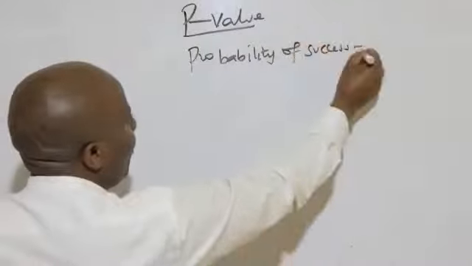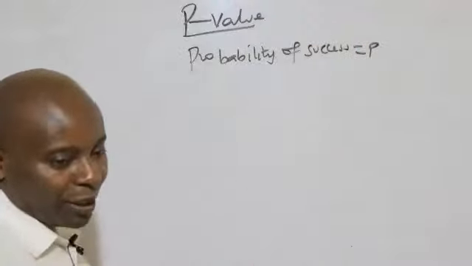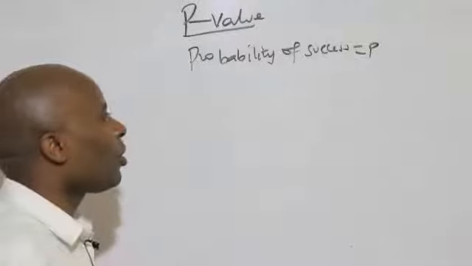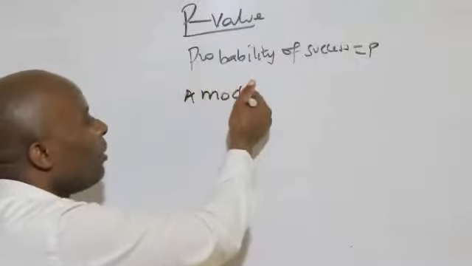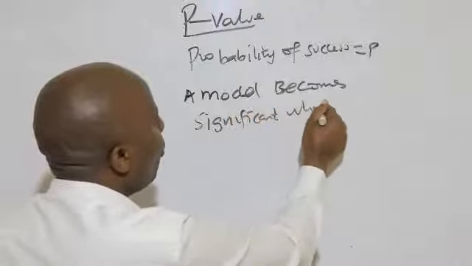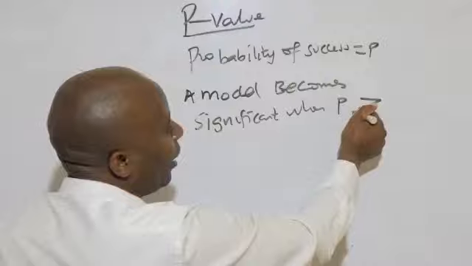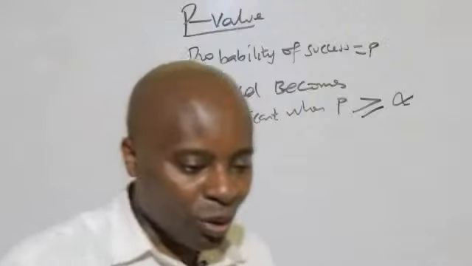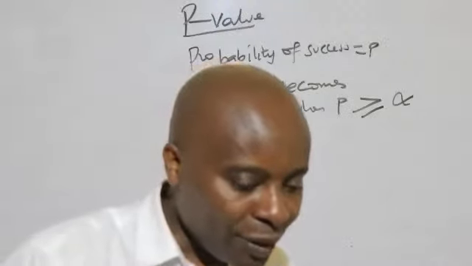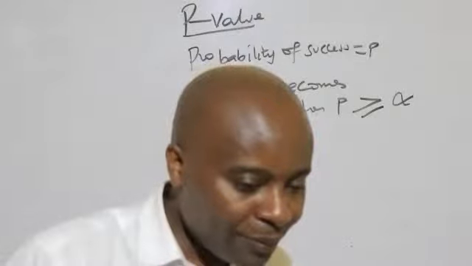Probability of success is our P. And this is very easy to use to interpret, because for us to say that a model is significant, a model becomes significant when P is greater or equal to the level of significance. So remember the level of significance here, P should be greater or equal to 0.05.